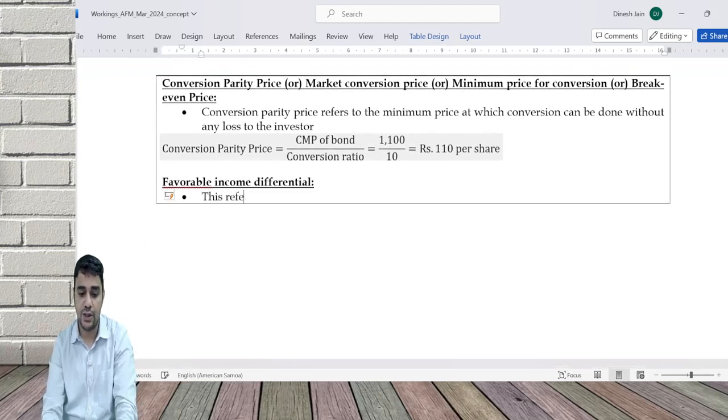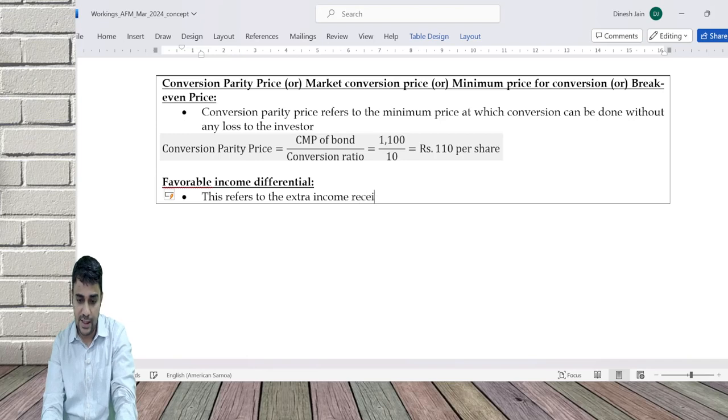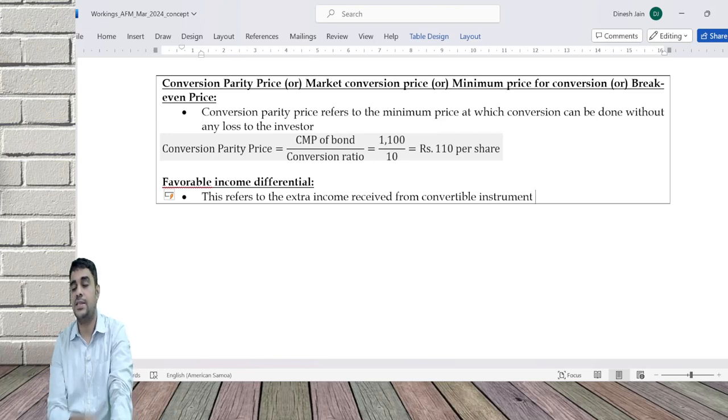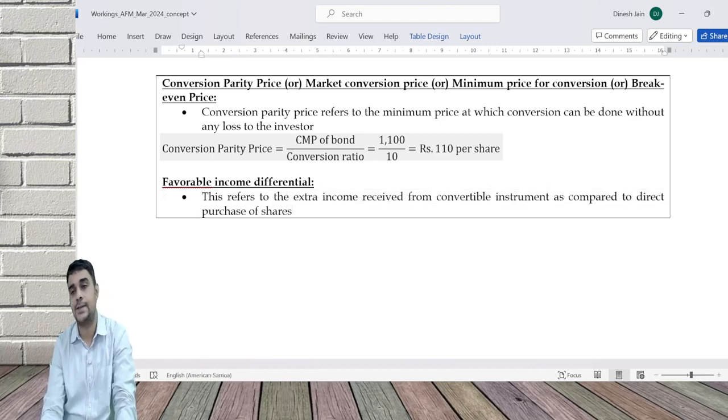This refers to the extra income received from a convertible instrument as compared to direct purchase of shares.